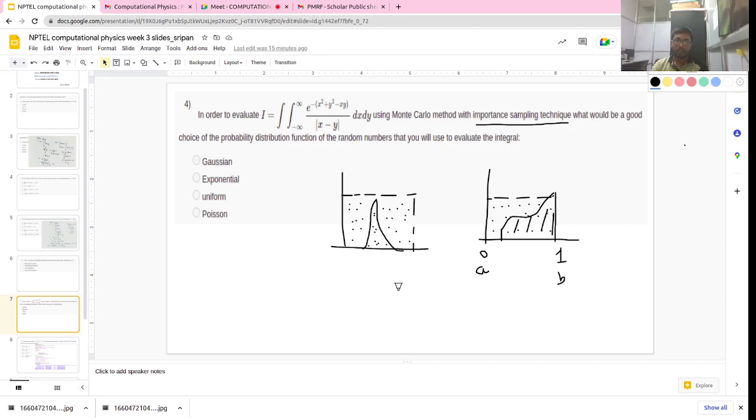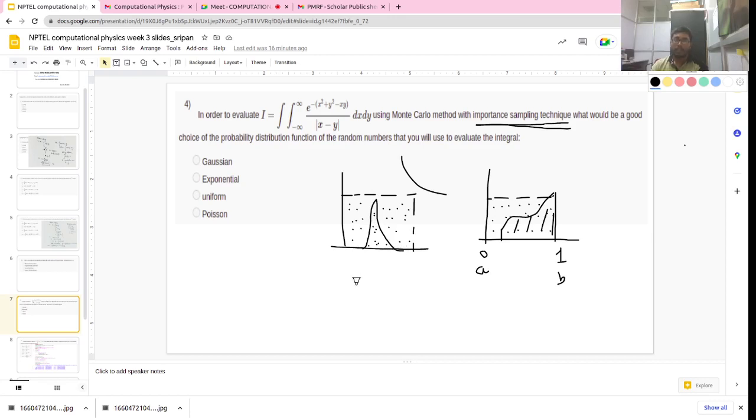Then you cannot do the integration by this Monte Carlo method using the brute technique, with the uniform random distribution as the way to generate your random numbers. Instead, you have to use the importance sampling technique, and there you can generate a distribution resembling a Gaussian shape, or an exponential distribution, or any distribution which resembles the profile of this function.